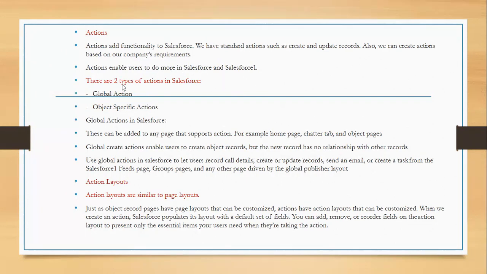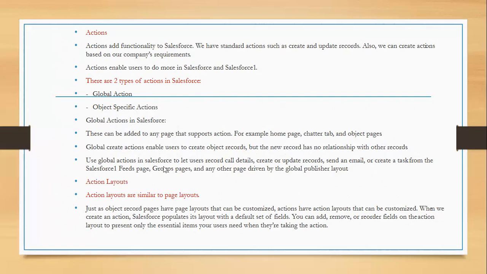First, there are two types of actions in Salesforce: global actions and object-specific actions. Global actions in Salesforce can be added to any page that supports actions, for example, home page, Chatter tab, and the object page. Global create actions enable users to create object records, but the new records have no relationship with other records.